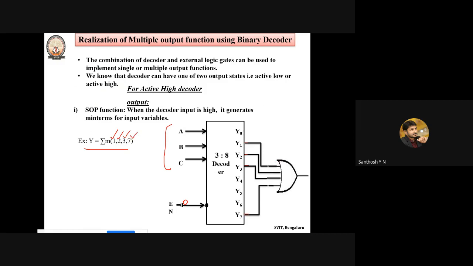Finally we have to give them to an OR gate because this is an SOP function where the product terms are ORed together. All the product terms are added together in order to get the expression Y. So this is how you implement any SOP function by making use of the decoder circuit.